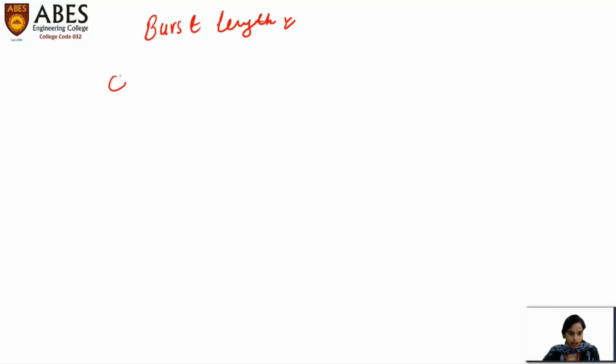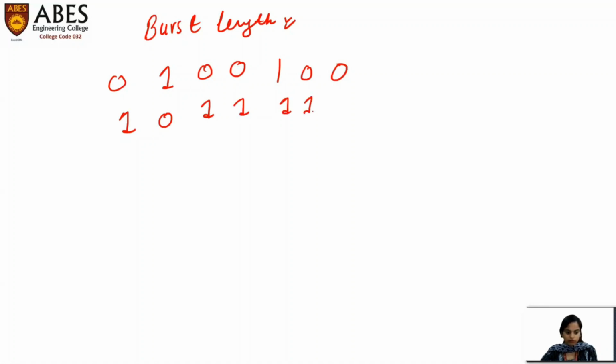Let's suppose we have this data sent by the sender, 0100100, and let's suppose the receiver receives this. As you can see, this 0 becomes 1, so this bit is changed. This 1 becomes 0, this bit is changed.